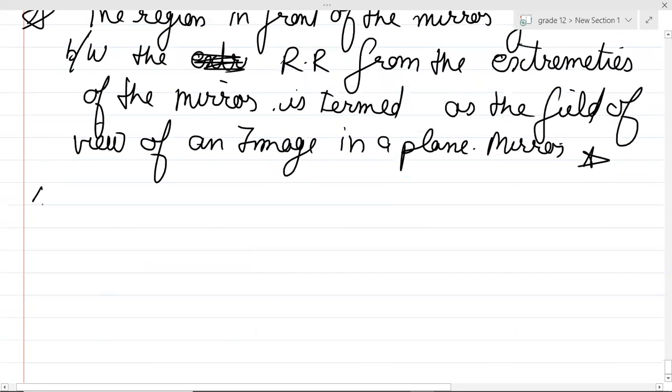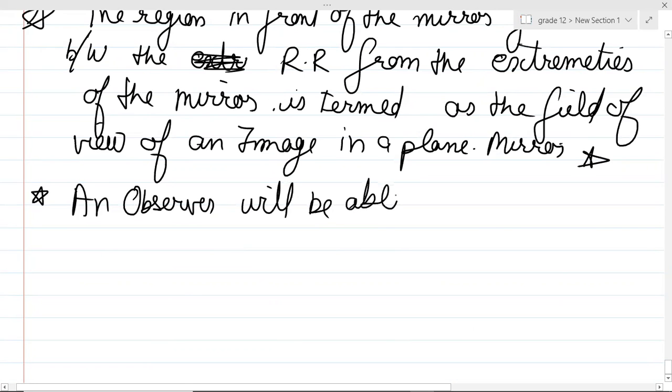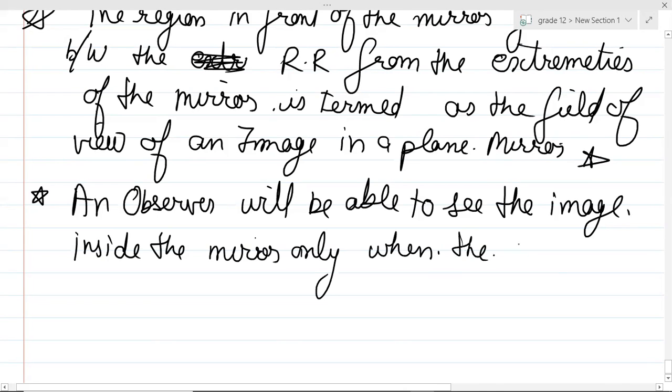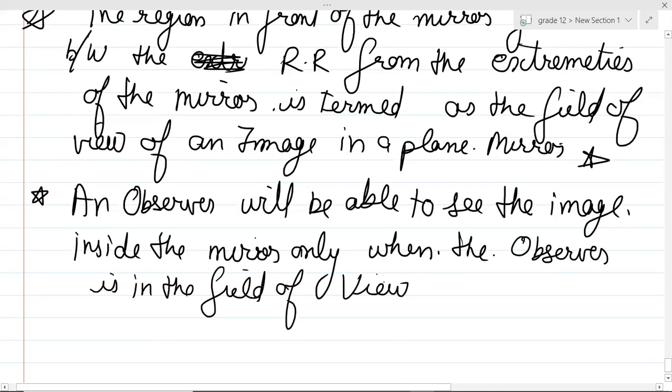Please remember, an observer will be able to see the image inside the mirror only when the observer is in the field of view of this image.